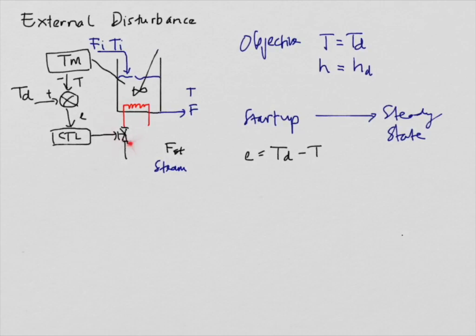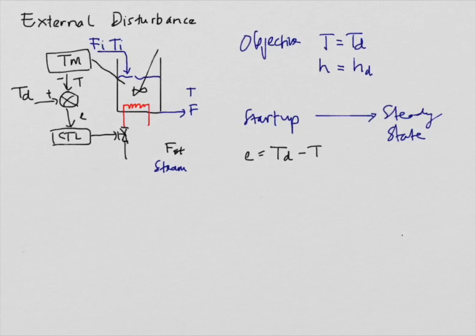It is the control valve, which maintains the level of flow rate of the steam. So the temperature of the liquid can be kept at the desired value. That is the control system that we apply in this system, to maintain the temperature at the desired temperature.